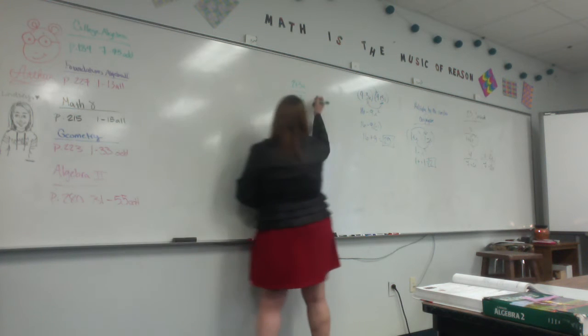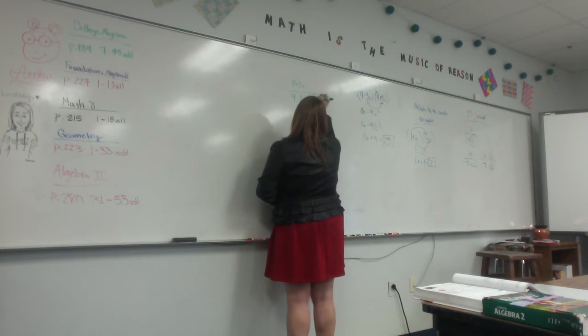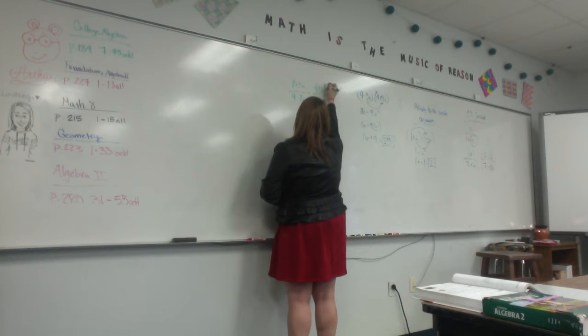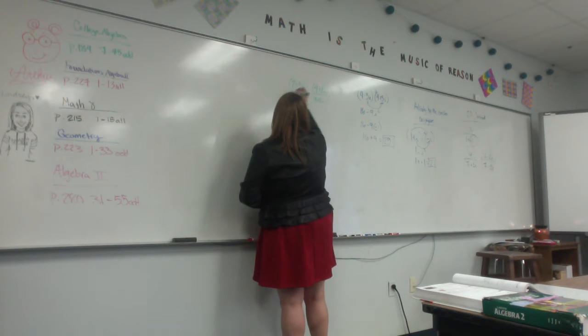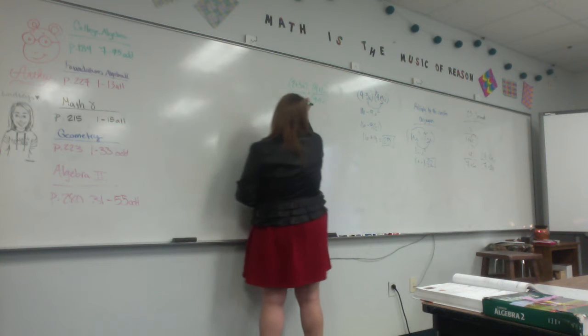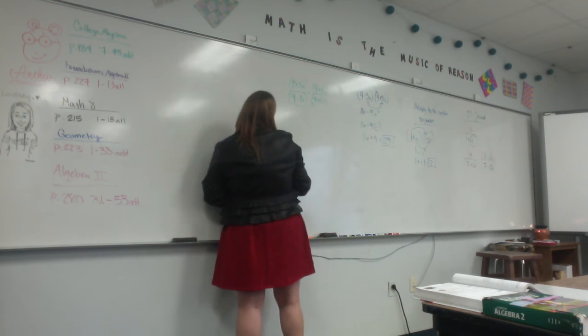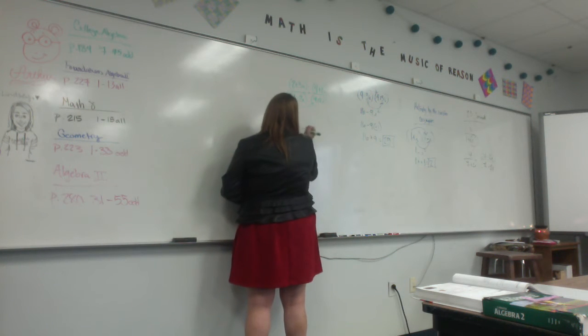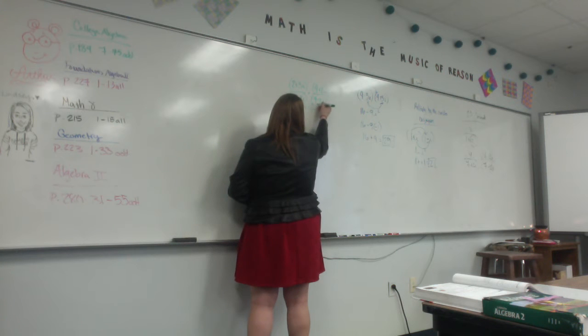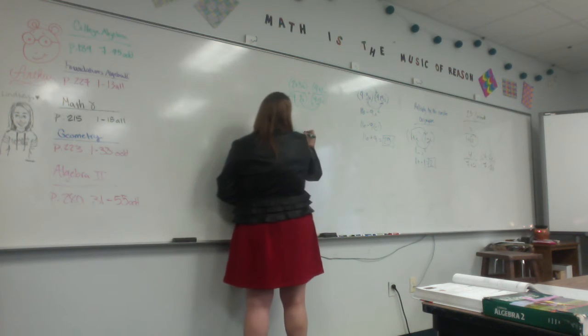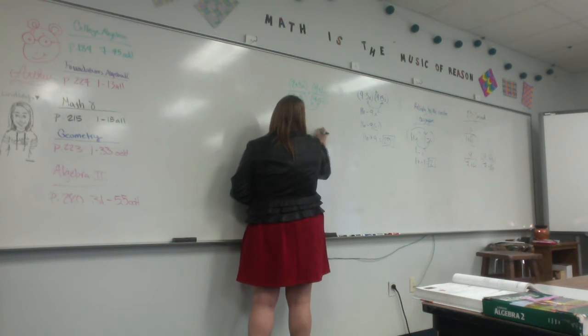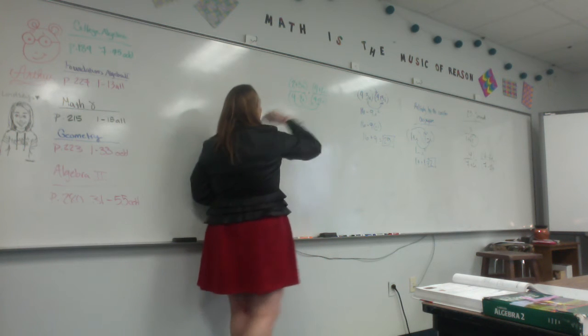Multiply top and bottom by 4 plus 2i. On the bottom, I can cheat and just do 4 times 4, which is 16, and negative 2i times positive 2i, which is negative 4i squared. Up top, though, I have to FOIL.